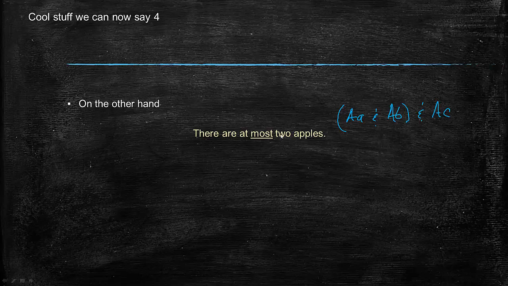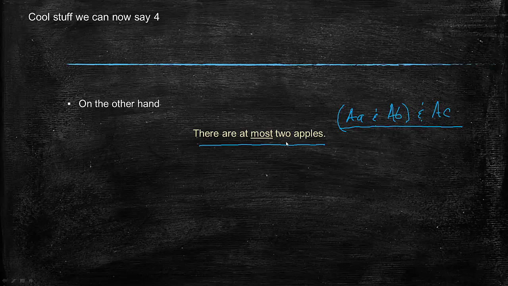Now, is there any way that this statement is consistent with this statement, right? Because this says there are at most 2 apples, and this appears to say that there's 3 apples. But in fact, this does not really say that there are 3 apples, right? Because one could be Tony Stark and one could be Iron Man. In other words, they could be names for the same thing.